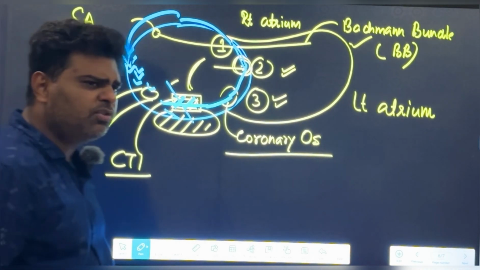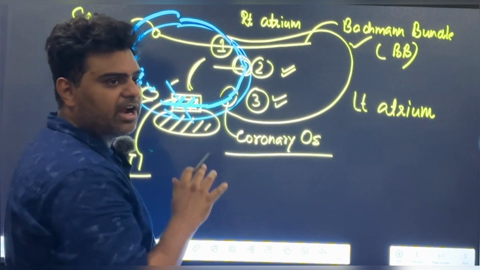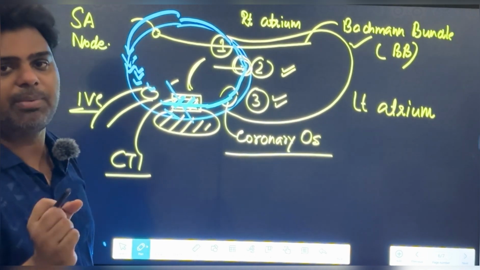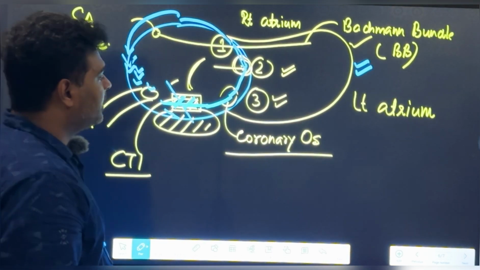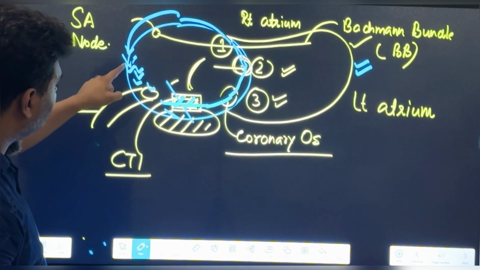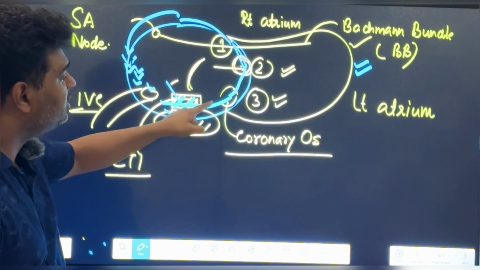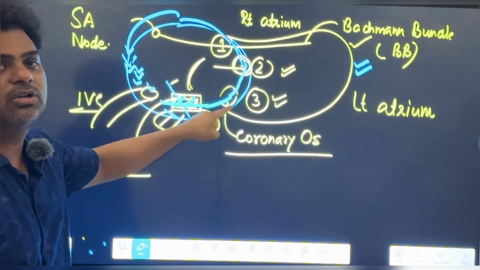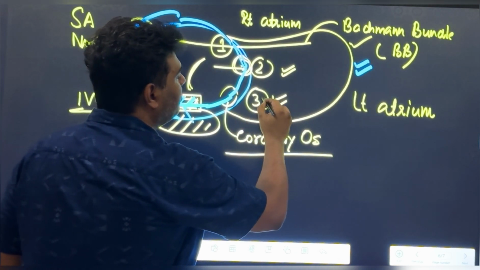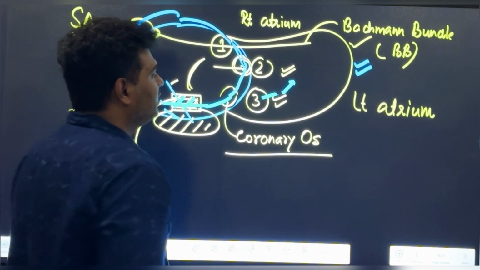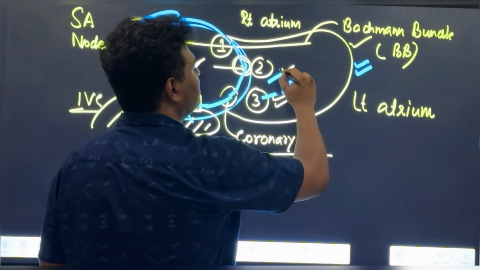Now, if you see, in the counterclockwise or anti-clockwise type of CTI dependent atrial flutter, how is the left atrium being depolarized? You see, the waves are coming from the lateral wall of the right atrium, then to the cavo-tricuspid isthmus, and then first they go to the coronary os, then to the foramen ovale. So first the left atrium will be depolarized here, then from the fossa ovalis, in this direction.